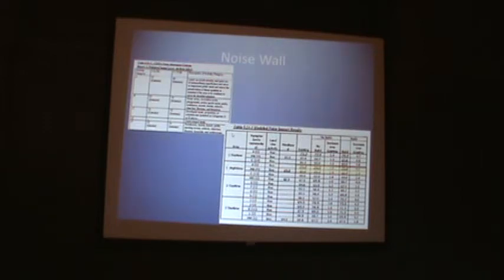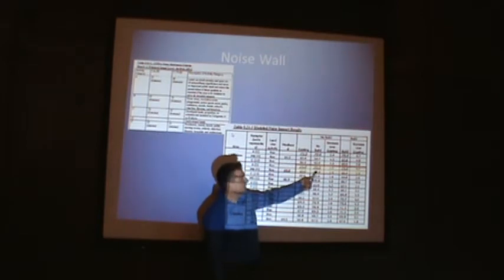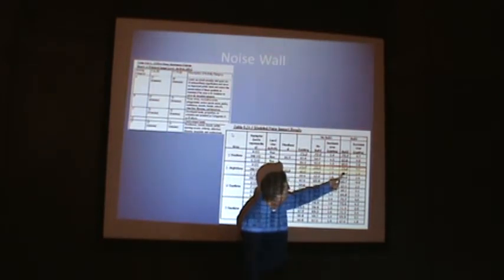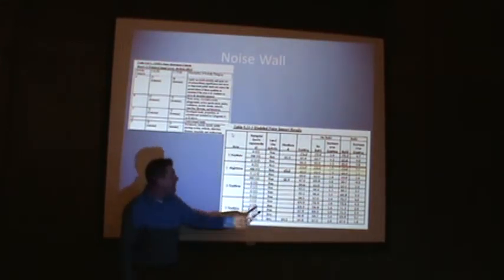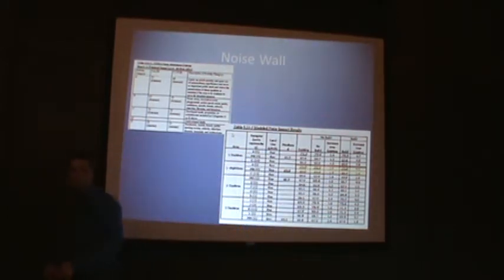Right, noise issue. They said, here's the existing right now. If they did nothing, it's gonna increase here, and if they built it here, so they gave me all the scenarios, existing and then forecasted. That was fine.